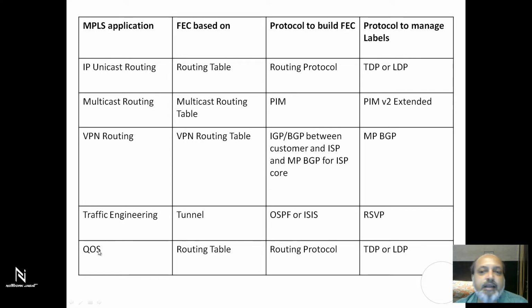If you consider any network, you cannot think of anything beyond this, right? VPN is giving you security, quality of service is giving you some guaranteed service, traffic engineering is giving you the facility to use the other paths or the alternative paths.